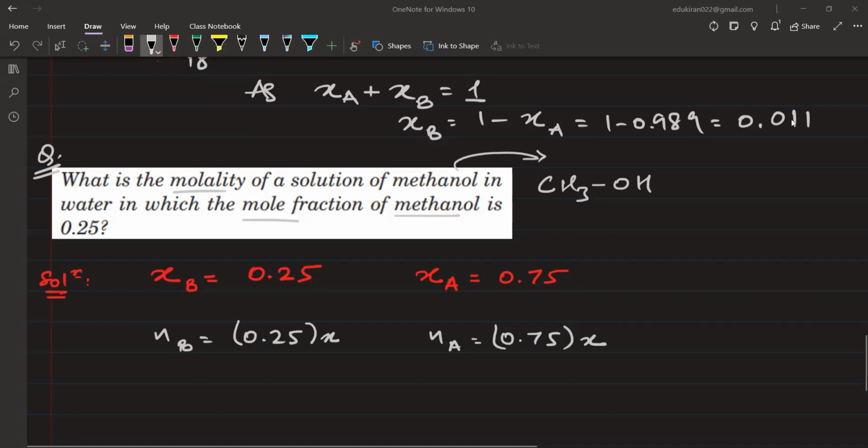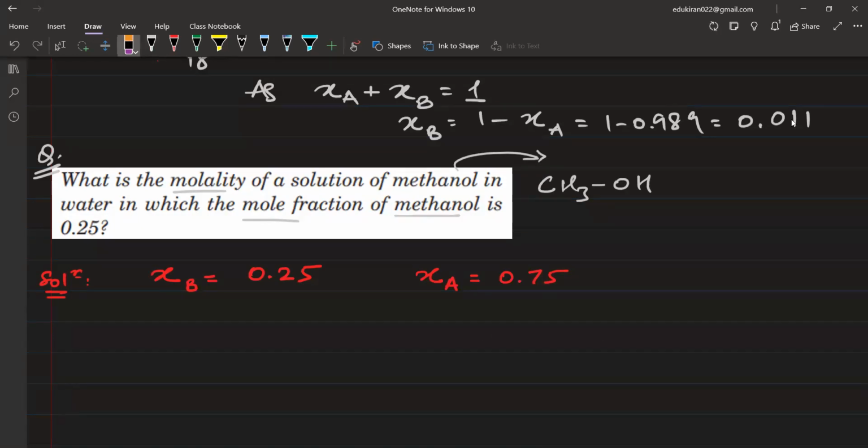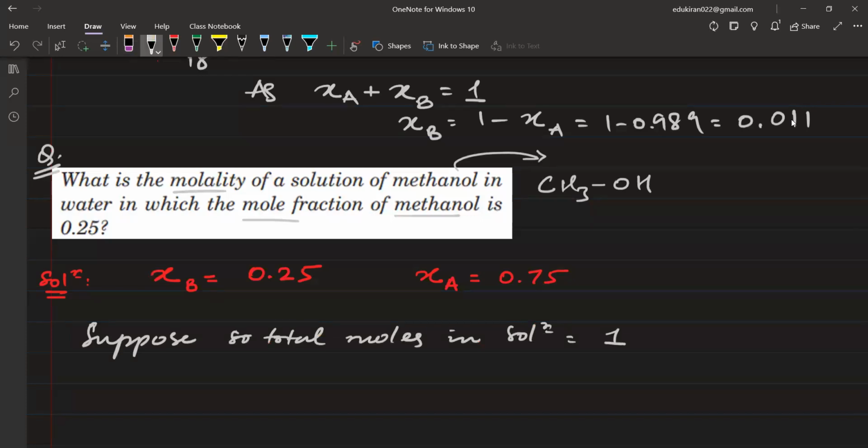Now, let us say, or rather we can say like this. Let us suppose the total moles in solution is equal to 1.